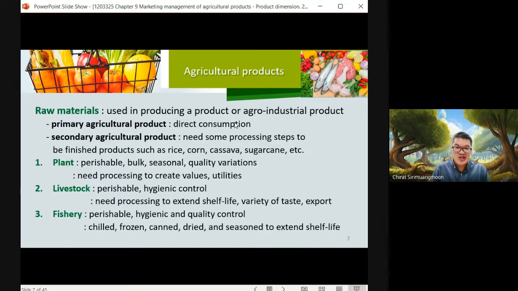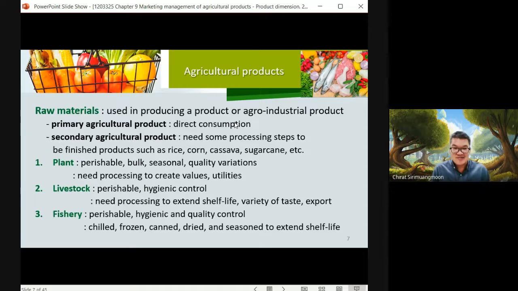Then you also need to do some processing to extend the shelf life. If not, it's going to go bad very fast. Like if you have pork meat and set it outside the refrigerator, it's going to spoil fast. So you need to process it to create a variety of tastes, flavors, and textures for the livestock product, and then you can export it.